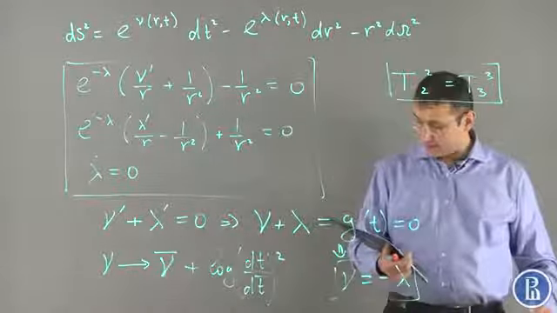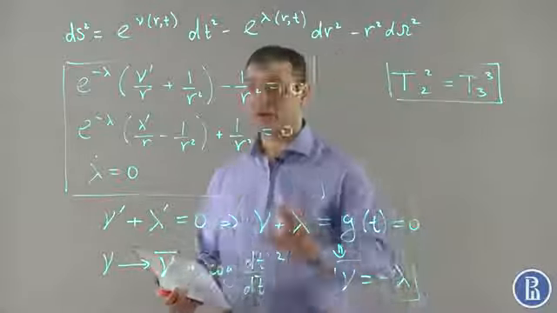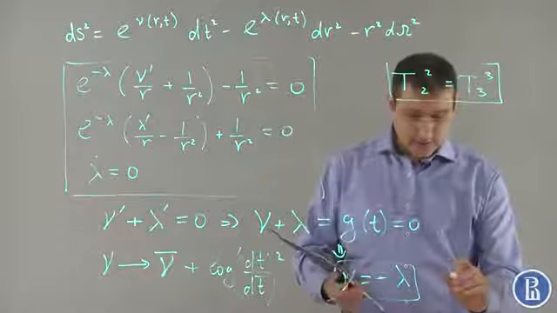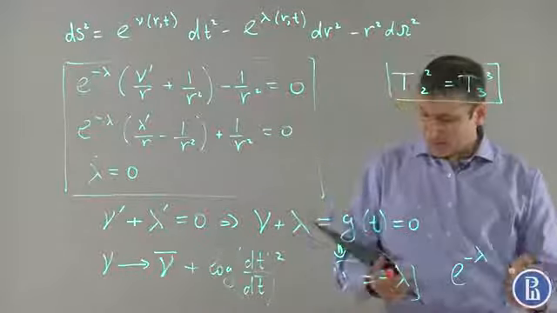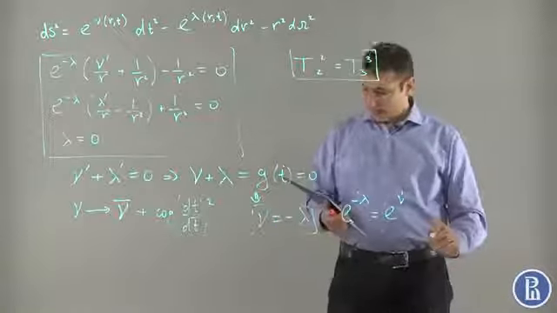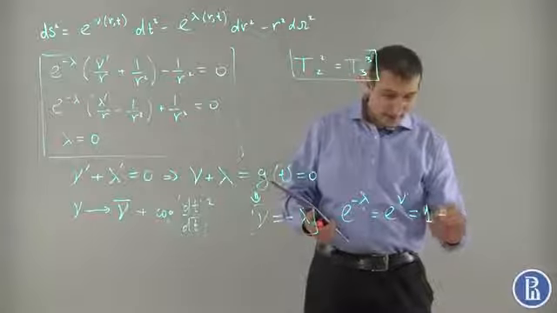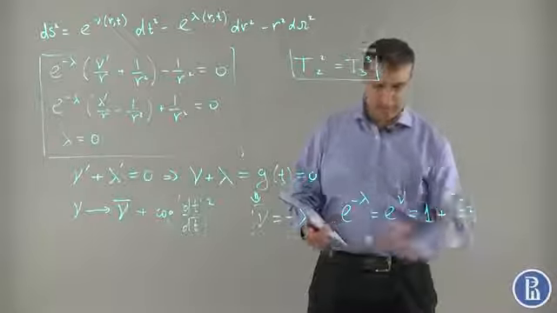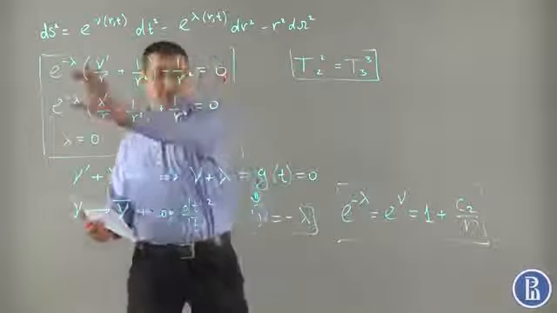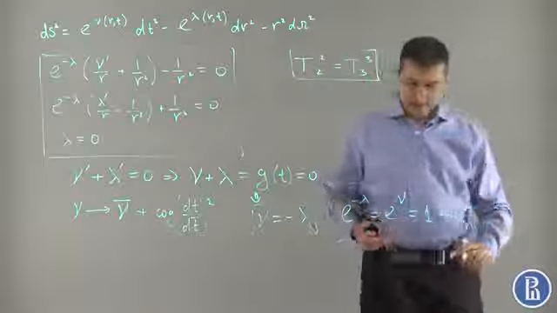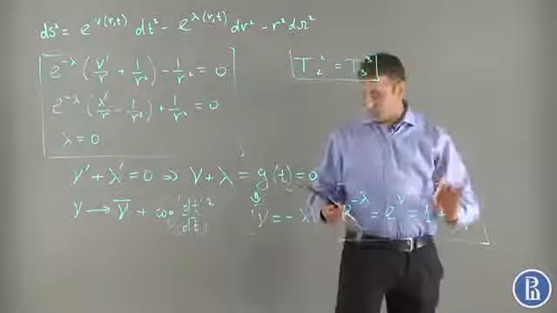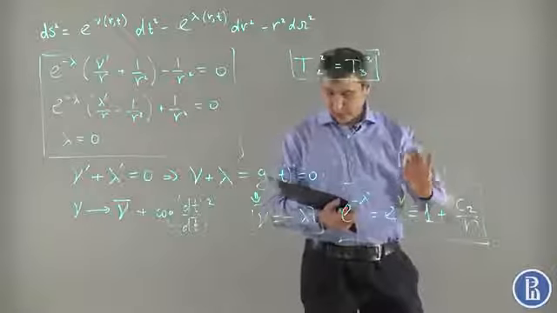And finally, using this relation, one can solve these equations to find that exponent of minus lambda is equal to exponent of nu and equals 1 plus C2 over r, where C2 is not fixed from this equation; it is some integration constant whose physical meaning and concrete value we will find in a moment.